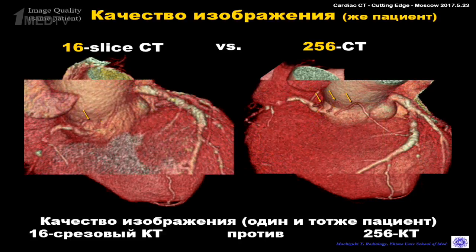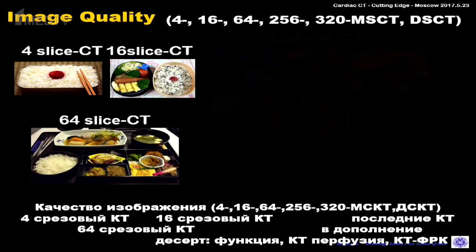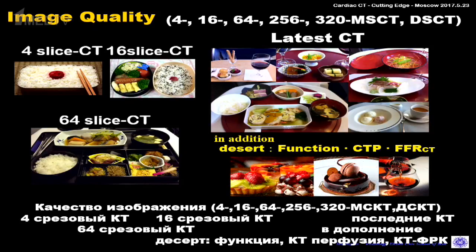So we can recognize the difference very well. So in summary, the latest CT can image like this, a full course dinner, plus in addition dessert such as function, CT perfusion, and FFR CT without additional radiation dose.